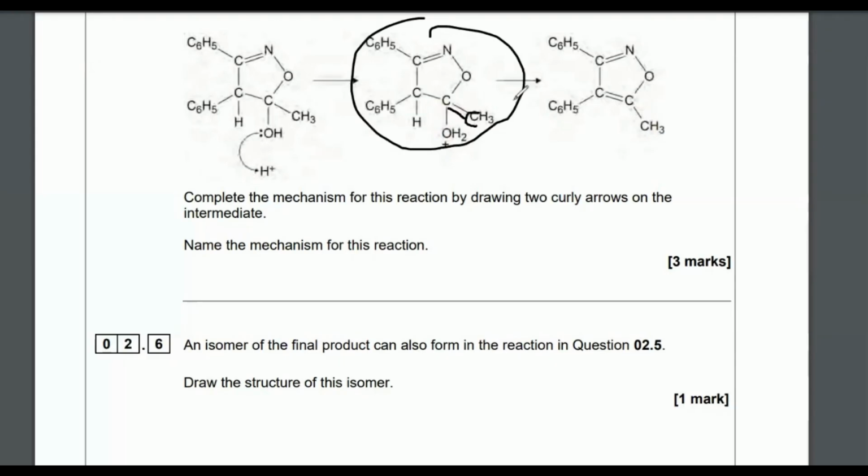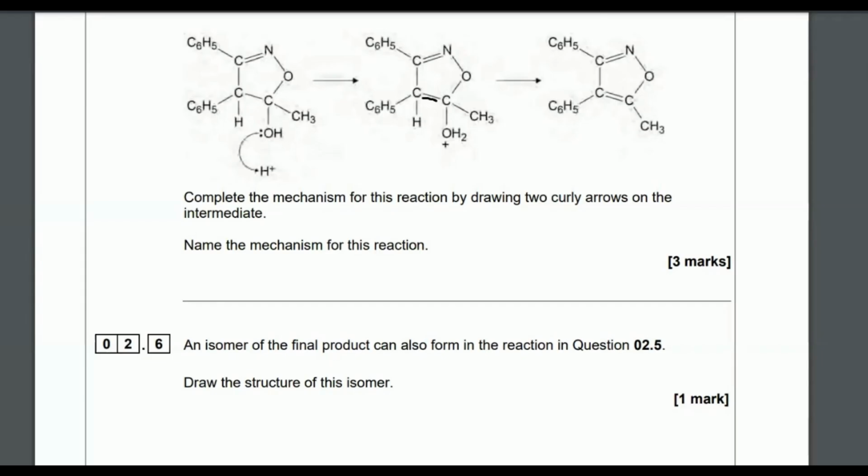This is looking really messy, but the double bond could form there or there. It actually formed over here, but it could have formed here as well. This CH3, one of its hydrogens could have broken off to leave CH2. So all we need to do is redraw this molecule here, but with a CH2 there and change the position of the double bond to here.